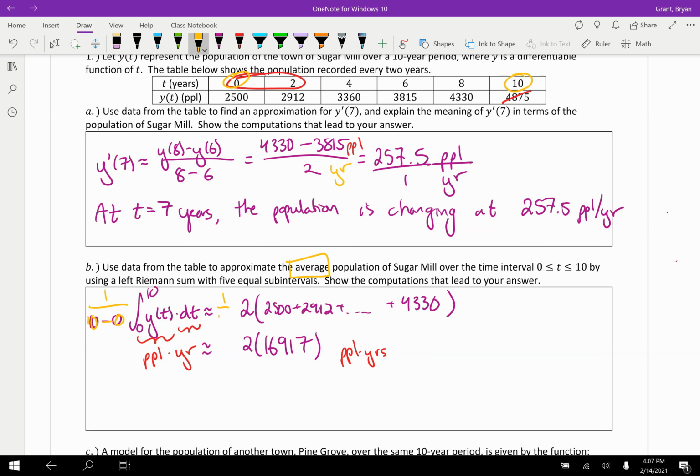So I need to have this 1/10 out front because 10 minus 0 is in terms of years. And so this will give us people years. We'll be dividing by years. And if we think about what happens with our units, these cancel. And so we can end up with 2 over 10 is 1/5, I think. 1/5 of 16917.